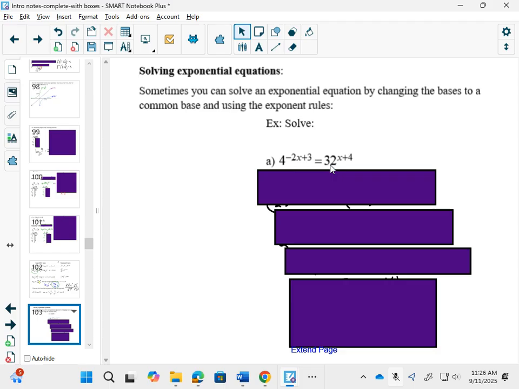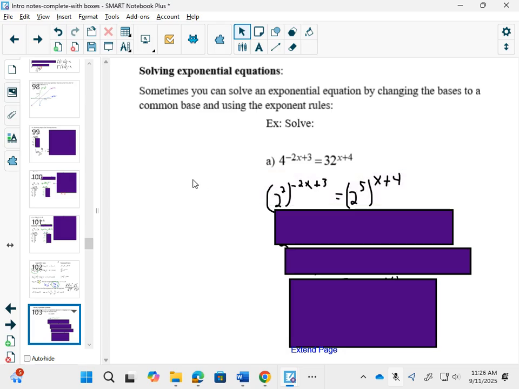If both of those are powers with the same base, then we don't need a calculator. So for example, 4 is 2 squared, and 32 is 2 to the 5.